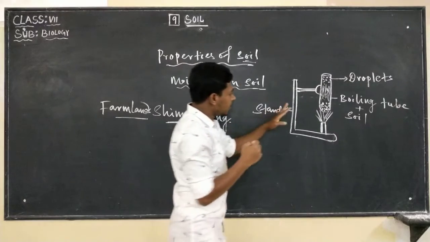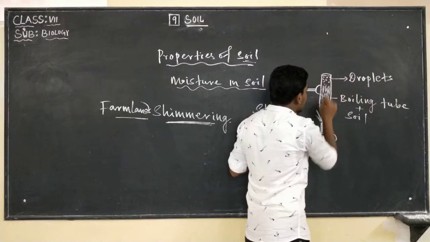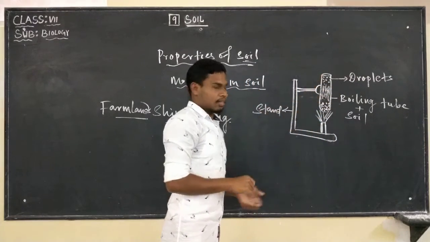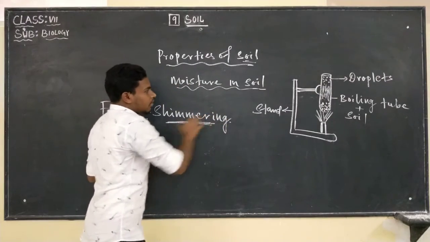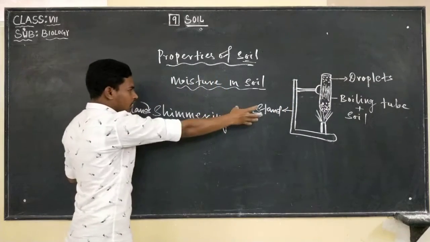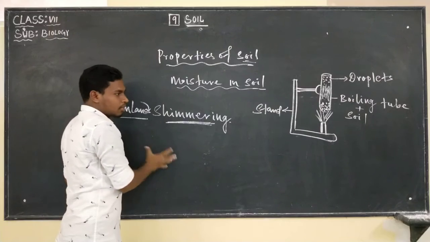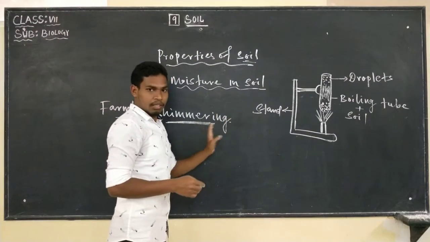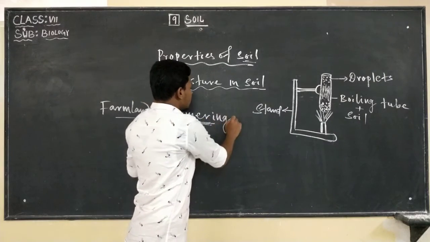Next, here you can see the soil, from which the moisture is getting evaporated. Here also the same thing happens. Compare and see. You will find that the water is getting evaporated from the soil, and from the farmland also the soil releases the moisture into the surroundings due to heat. So this is what happens in the summer.